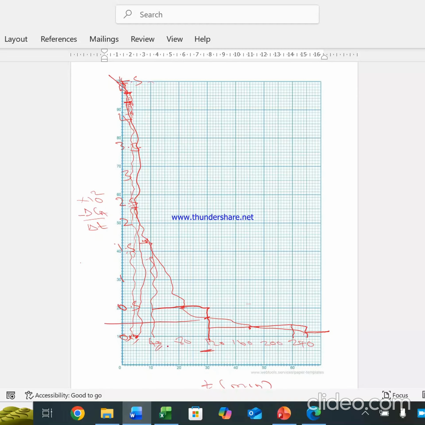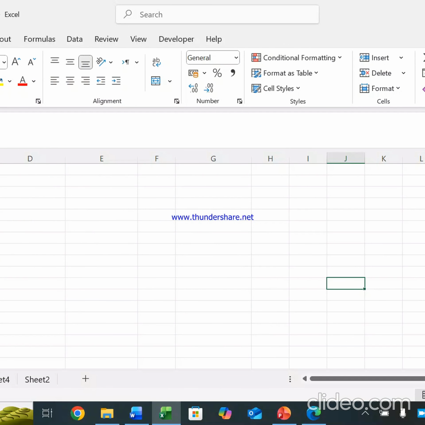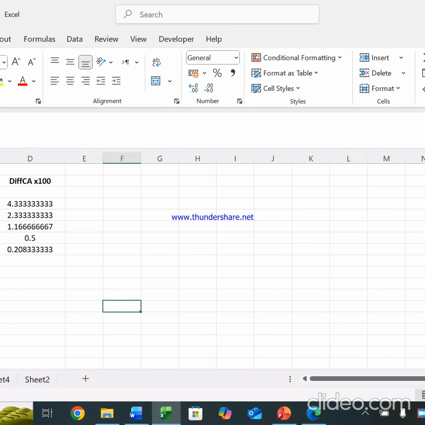So we need to get all those to correspond to the time we have. So from the data I have here, I actually pick those points.